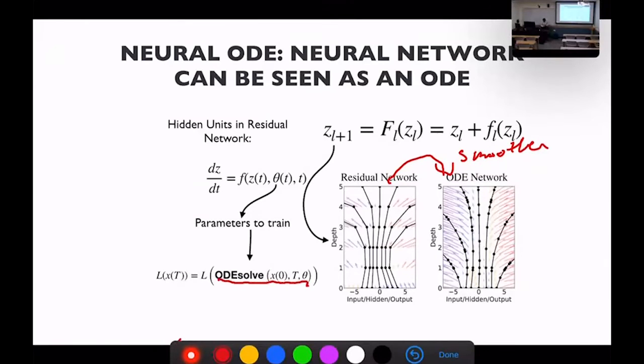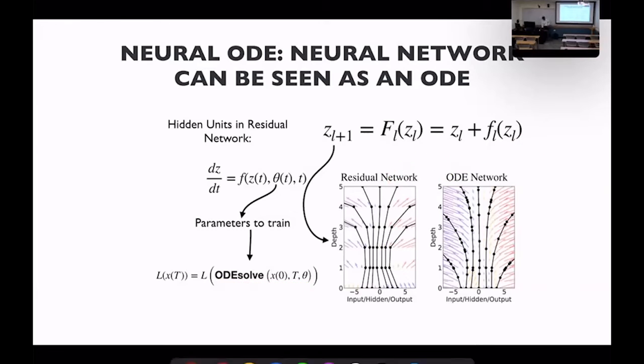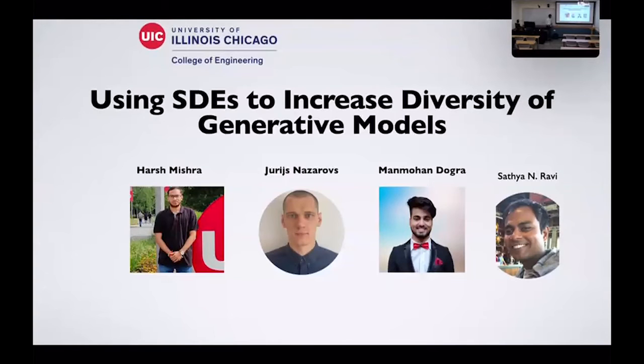You can see that the way it's calculated is you take your input data, give it to the ODE solver, and then you see what the iterate is at final time, and then you have to compute the loss function. So this is all known. And the way we train the parameters is by gradient updates. Those are the preliminaries.